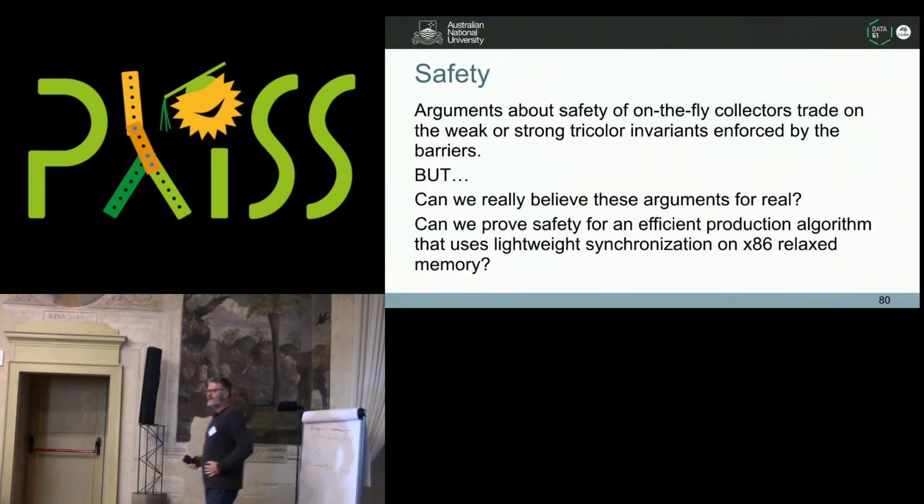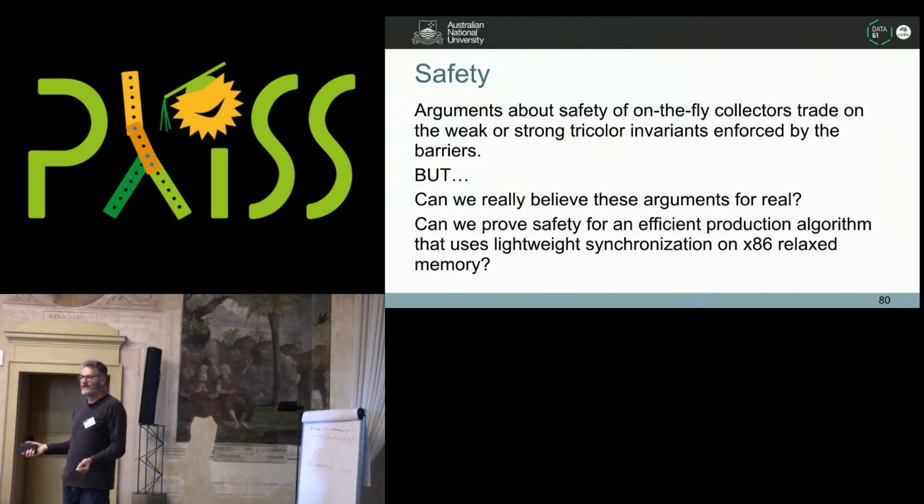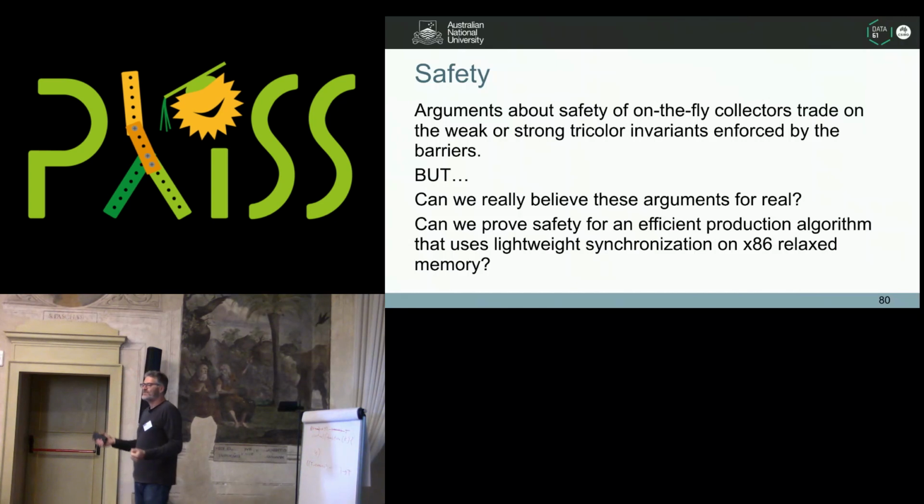But the big question is whether we can believe these arguments for real in a concrete implementation in a setting where we have weak memory and where we don't want to over-synchronize our programs, so that every time they update the heap they use some synchronizing operation like compare and swap on every mutation of the heap, which would be a problem.